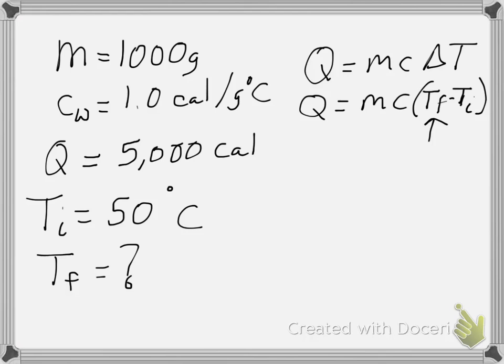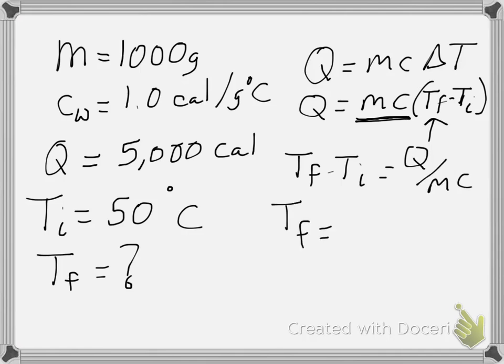I'm going to need to undo it last, and so I need to undo this multiplication first. So I'm going to get Tf minus Ti is equal to Q over mc, and then Tf is going to equal Q over mc plus Ti.